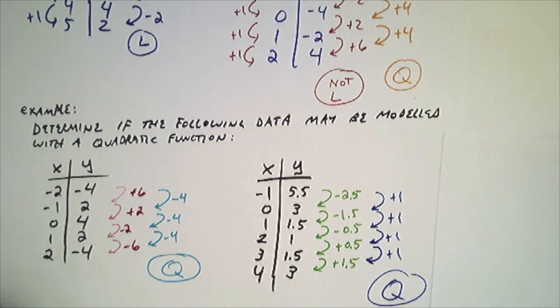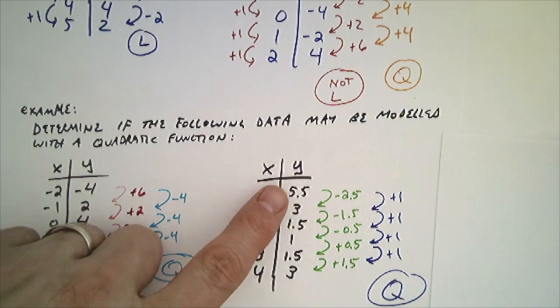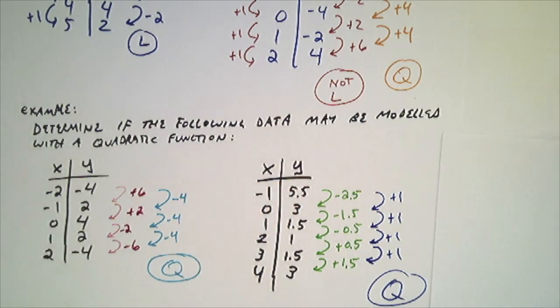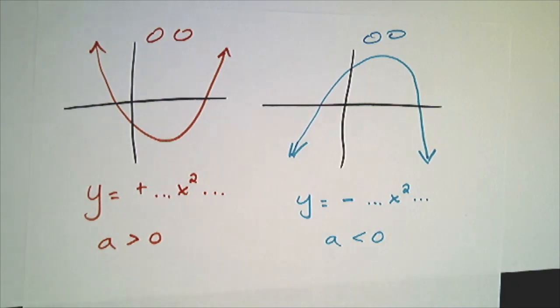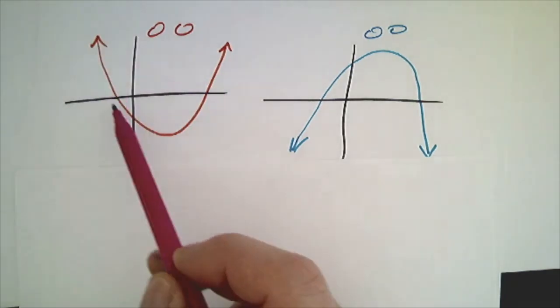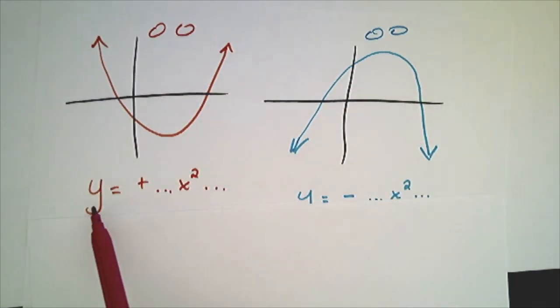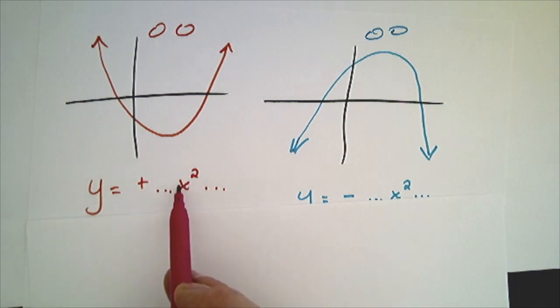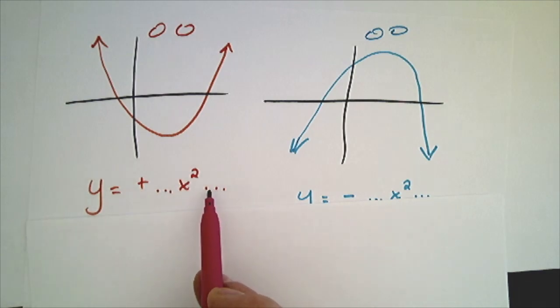The relationship between this x and this y, this is some y as a function of x squared. The happy and the sad parabola. So if I were to say, okay, this is a function of y where it's an x squared term, the y is equal to some positive something in here, x squared.